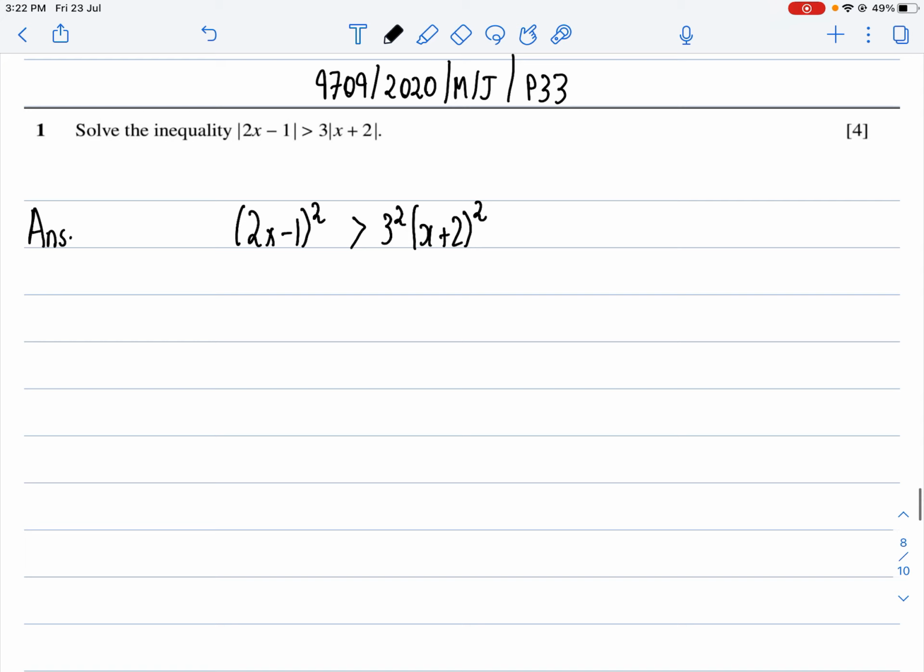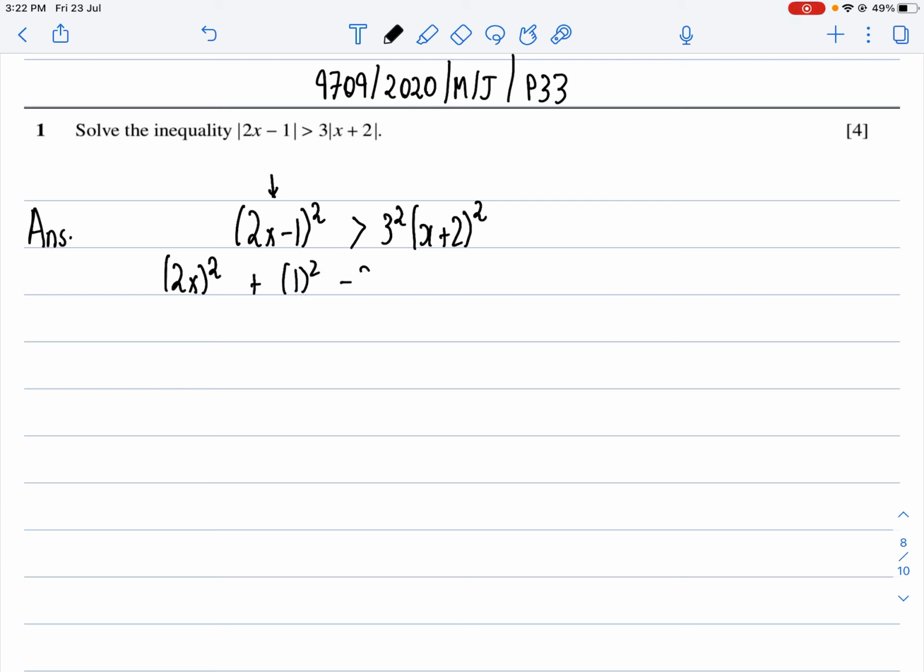Here I get a minus b the whole square, so I get 2x the whole square plus 1 square minus 2 into 2x into 1, which is more than 3 square, which is 9, multiplied by a plus b the whole square. So I get x square plus 2 square, plus 2 into x into 2. This is what I get.